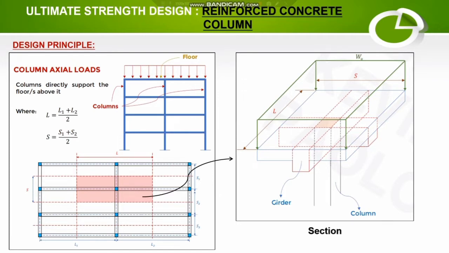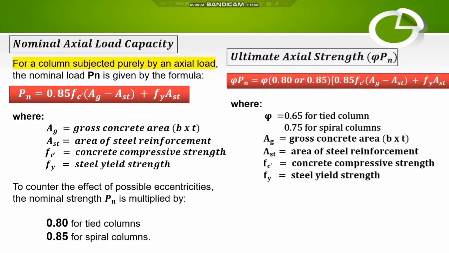Another main point that we should always remember, especially in designing a structural member, is that we will consider both sections, the longitudinal section and the transverse section, and whichever gives the greater computed loads from that particular section will become the basis in designing our structural member.